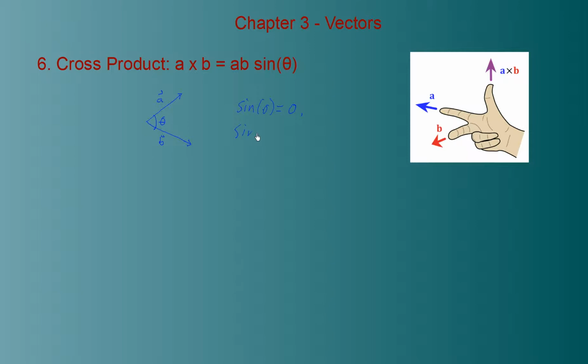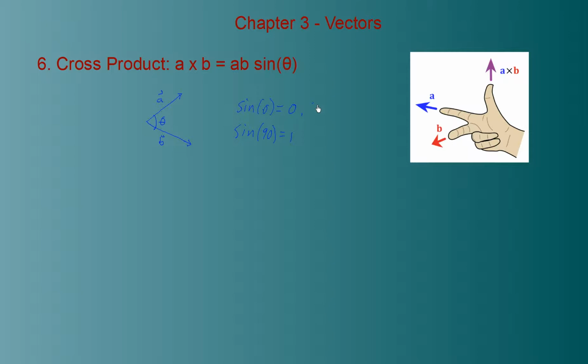But if you have sine of 90, that's 1. And sine goes from 0 to 1. 0 is the smallest sine will ever be, and 1 is the largest sine will ever be. So if you have perpendicular vectors and you cross product them, you'll get the biggest result possible. And then any angle smaller than 90, you'll get a smaller result.